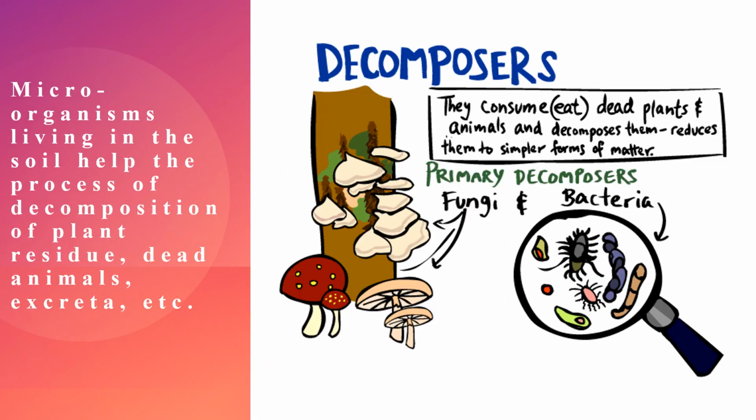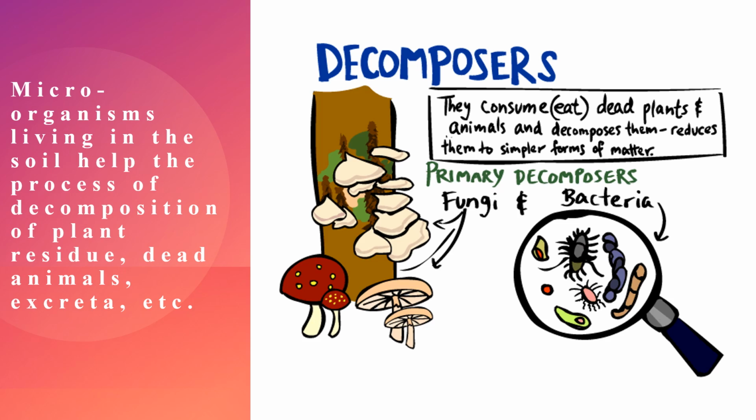Microorganisms living in the soil help the process of decomposition of plant residue, dead animals, excreta, etc. They eat dead plants, animals and decompose them. That is, they reduce them into simpler forms. Mainly, fungi and bacteria act as decomposers.